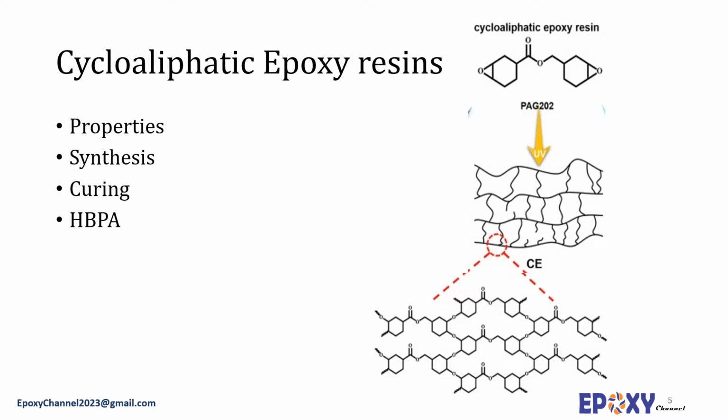Cycloaliphatic epoxy resins contain one or more cycloaliphatic rings in the molecule on which the oxygen ring is contained. They are produced by the reaction of a cyclic alkene with a peracid. The epoxidation is regioselective and insertion of the oxygen occurs on the less sterically hindered side of the double bond. The resulting epoxides are therefore less reactive than those formed with epichlorohydrin.